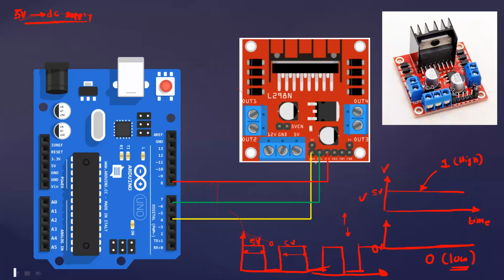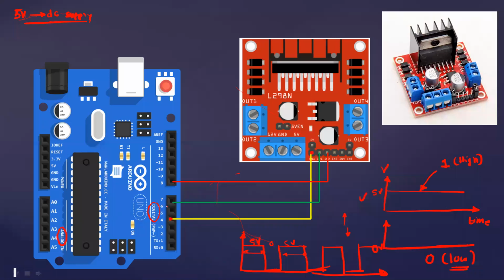Here you can observe the enable pin on the L298 driver. It is connected to pin number 4. We are using a digital output pin. You can observe there are two types of pins available: one is digital and the second is analog.